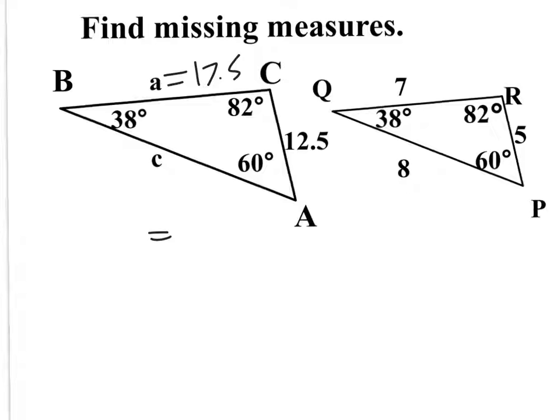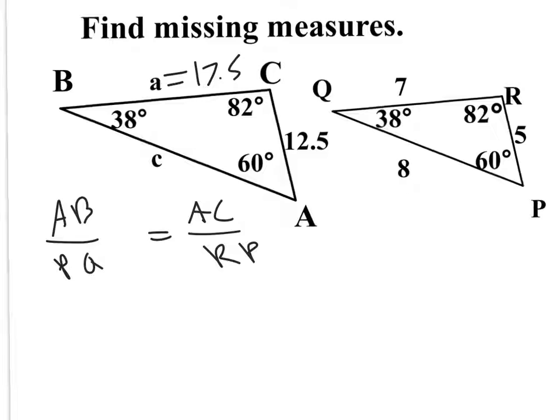I need AB now. What side goes with AB on the small one? PQ. And I want to use the side I know. So I want to use AC over RP.